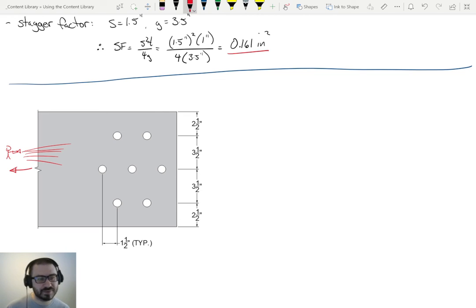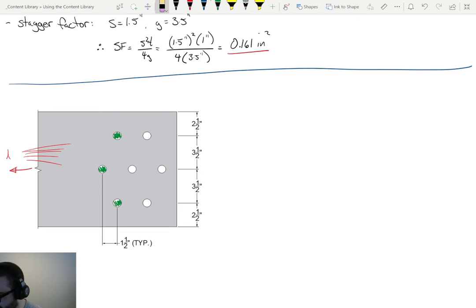Which bolts are we going to hit? Well, we're going to hit this bolt, and this bolt. We're not going to hit this bolt right here, because that bolt's going to get the light first. So those are going to be the bolts that we consider along the lead line. Just those green bolts.